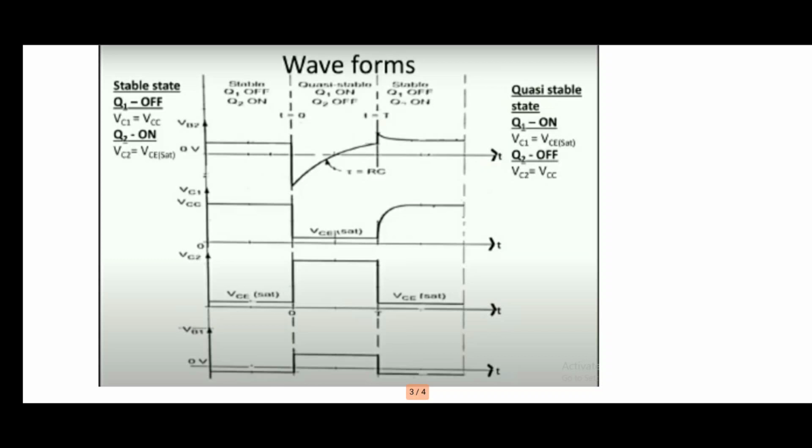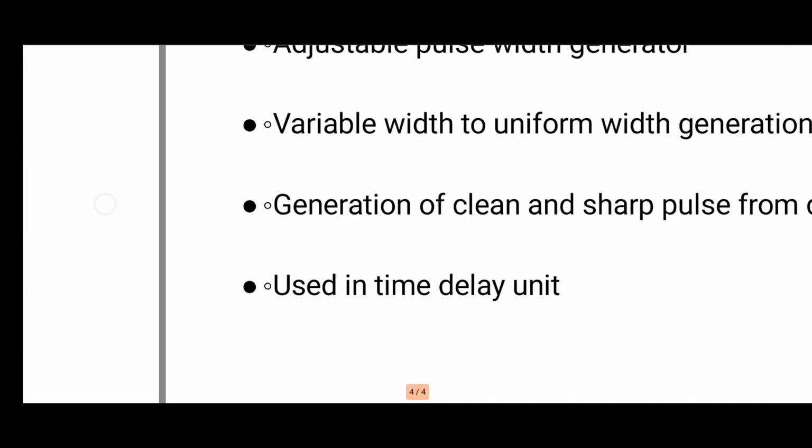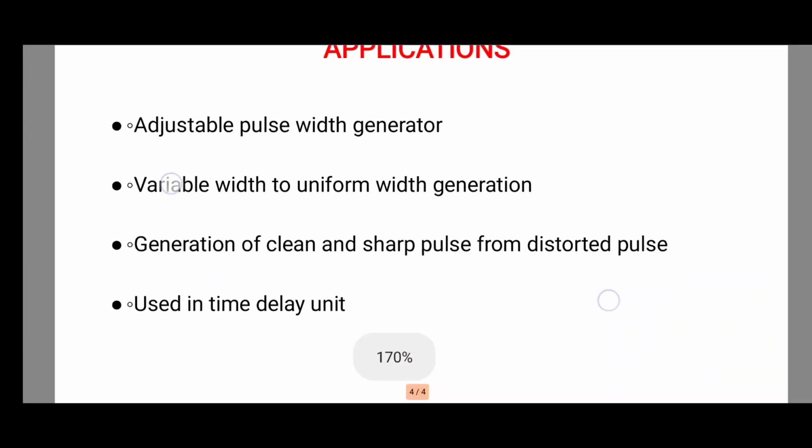In this scenario VB2 is initially VB2 saturation, then it comes down to some lower values, the capacitor waveform is generated, and again it ends with VB2 saturation, the same as for VB1. So this is the output waveform of the collector coupled monostable multivibrator.